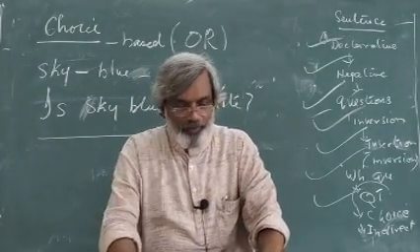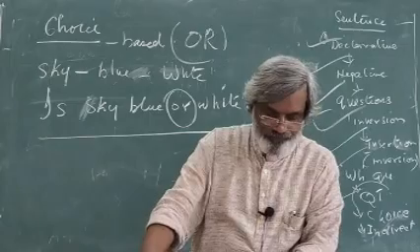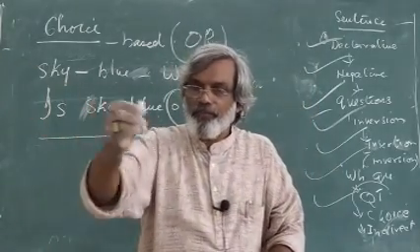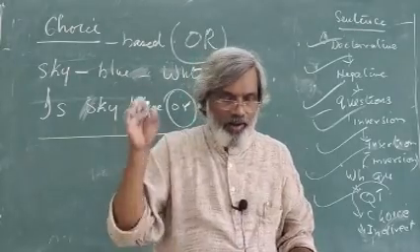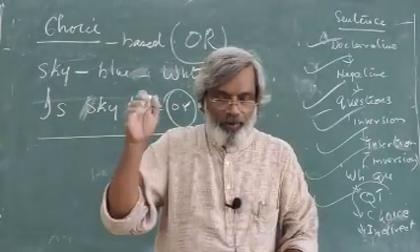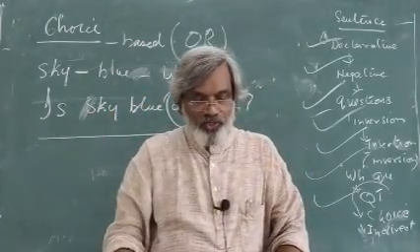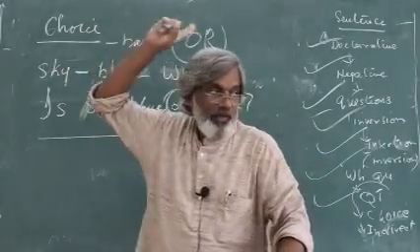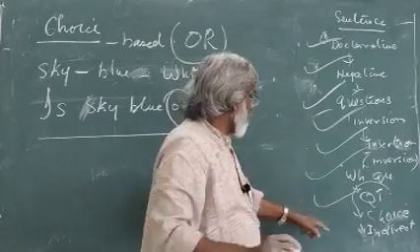It is based on the choice pattern. Is it your pen or his? People ask this. By applying or as a conjunction, you make this type of question. This is the choice question.